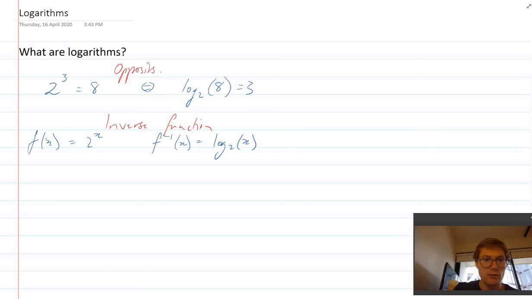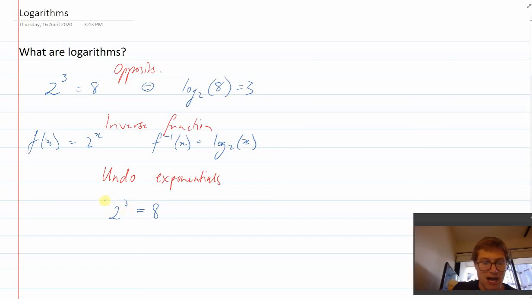Now there's a third way of thinking about what logarithms are, and this third way is my favorite way actually. Logarithms undo exponentials. Now this is a little bit more of a technical way of thinking about it, but it's much more versatile. It essentially says that if you have the equation, let's do one that we've seen many times before, 2 to the power 3 equals 8.